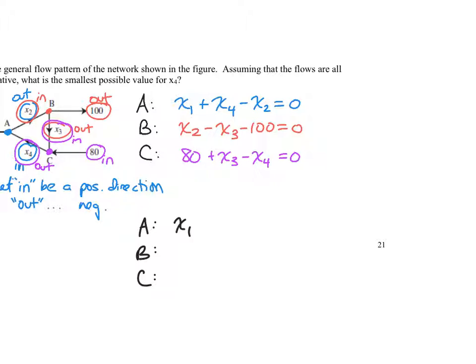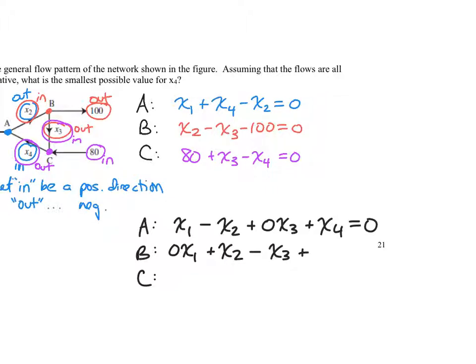So x1 minus x2, I'm going to put plus 0 x3 plus x4 is equal to 0. Then 0 x1 plus x2 minus x3 plus 0 x4, also 0.